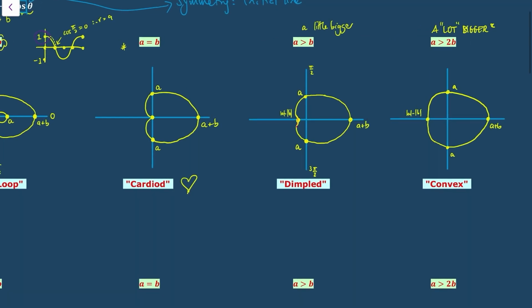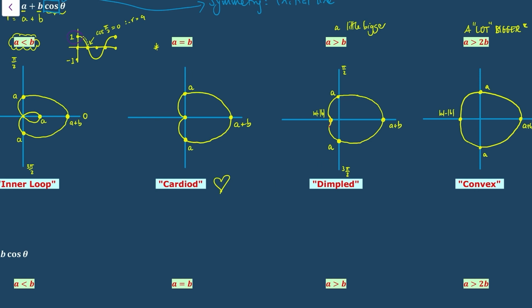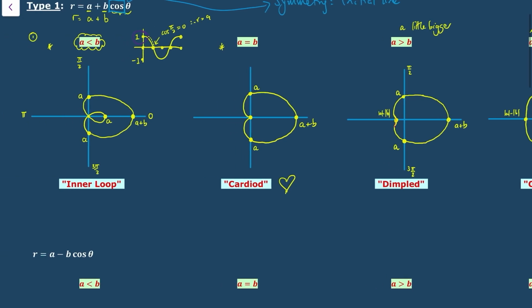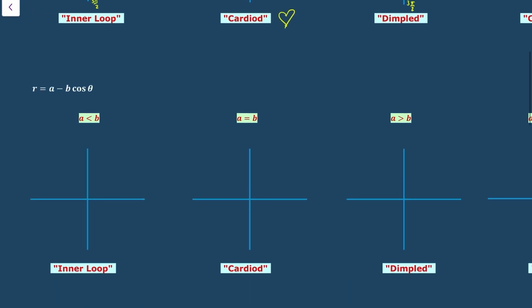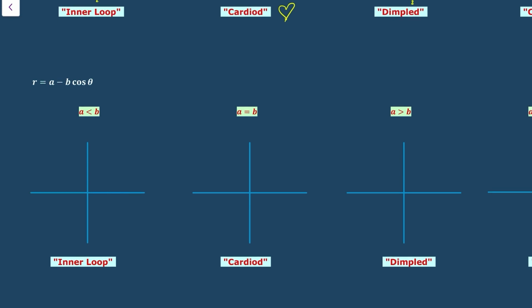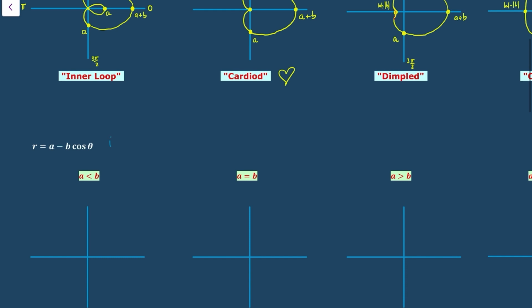They'll keep the same shapes, they'll just be in a different position. Okay, what about when B is negative? When B is negative, essentially these graphs are going to be identical, the same shape.